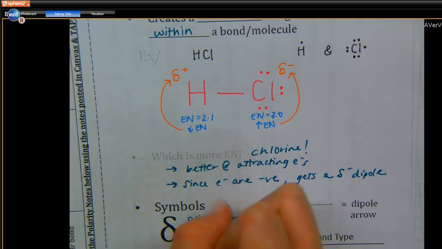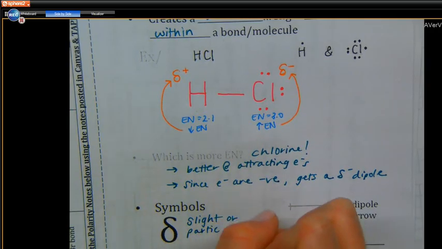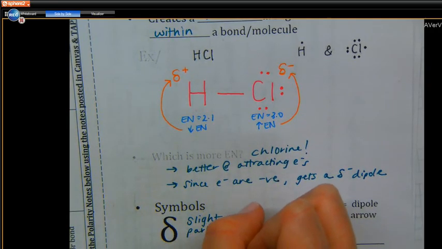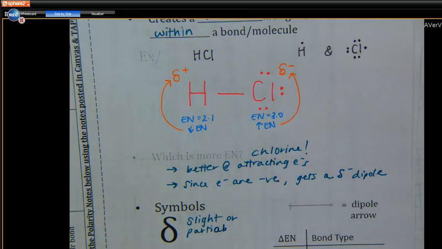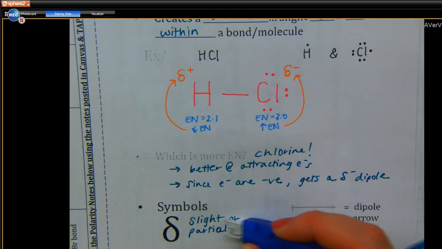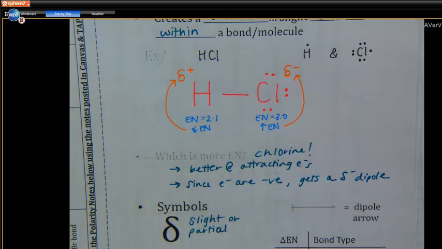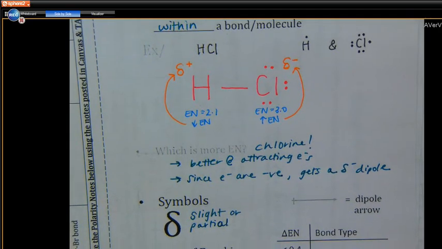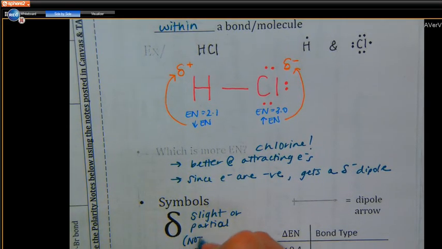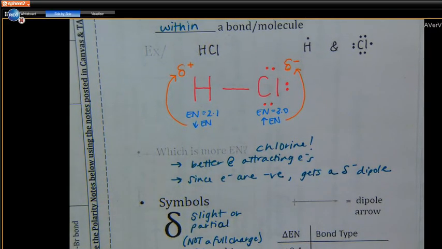For that, we do a special arrow that has a plus symbol at its tail. It's called a dipole arrow, and it starts at the positive. So you start at the slight positive, and you end at the negative, okay?